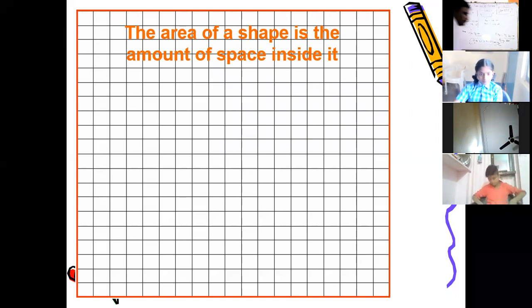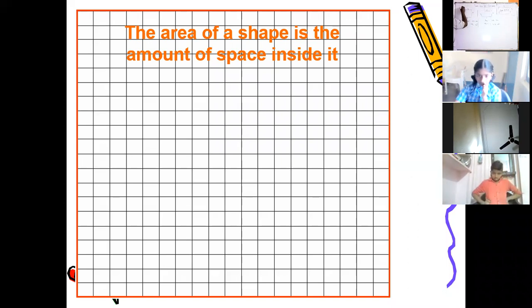Yes, sir. The first one, perimeter is less but area is more. Yes, and the second one, perimeter is more but area is less. Yes. You can take this as a question now, okay?